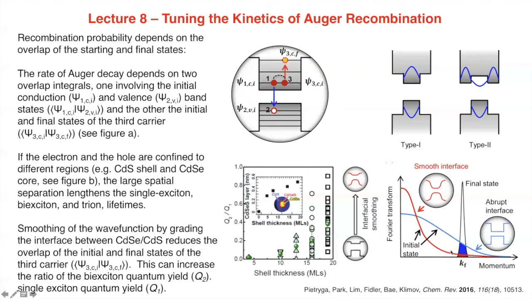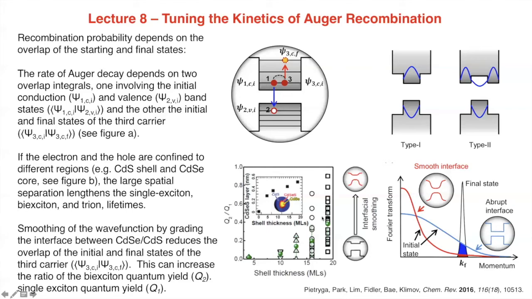And so all that's saying is that the overlap integral that you use to calculate the radiative rate, according to Fermi's golden rule, is modified by changing the confinement potential of the electron. Okay, so graded alloys do Auger recombination more slowly than abrupt ones, and that changes the quantum yield.